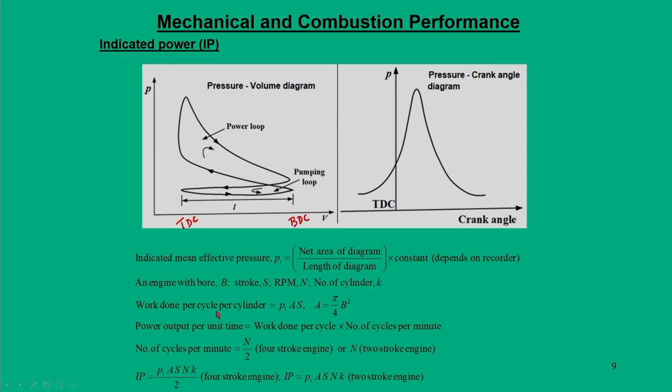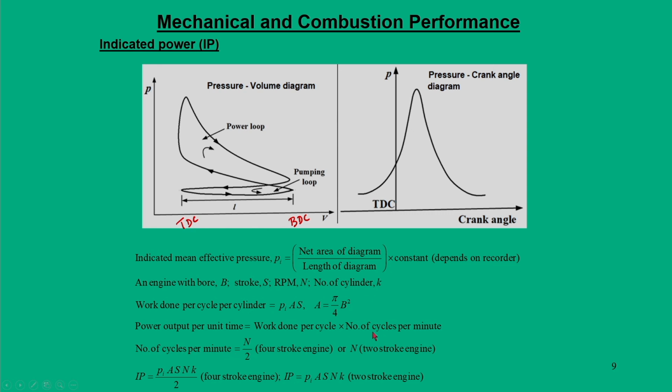Once you know the work done per cycle per cylinder, then we can calculate the power output. That means, power output we can calculate as work done per cycle into number of cycles per minute. Now, here you have to take note of what this number of cycles per minute is.